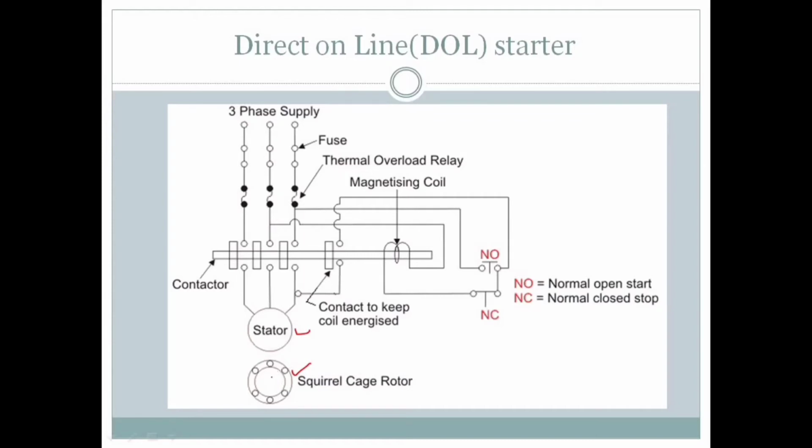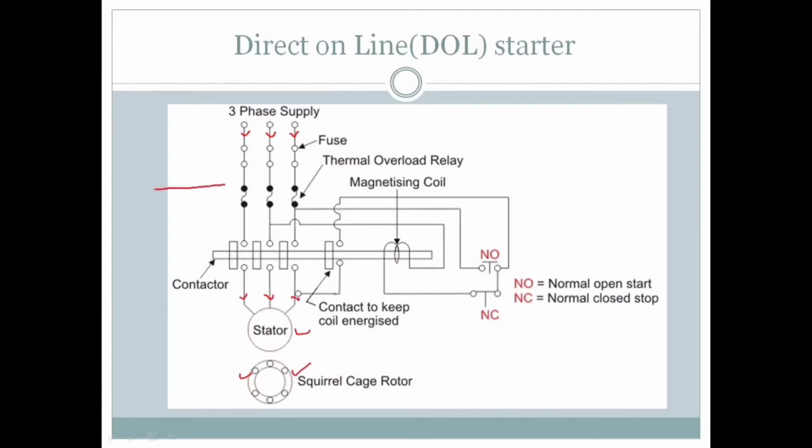We place the rotor separately, because there is no need to supply the rotor side of a squirrel cage induction motor, but we can supply the starter. So here we are supplying three-phase supply to the starter.